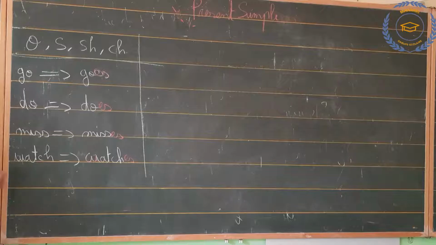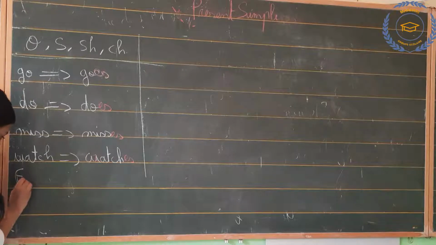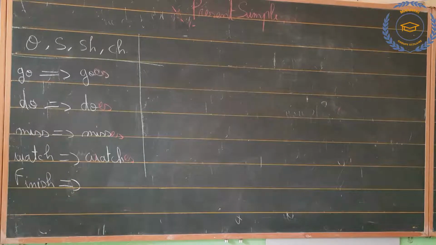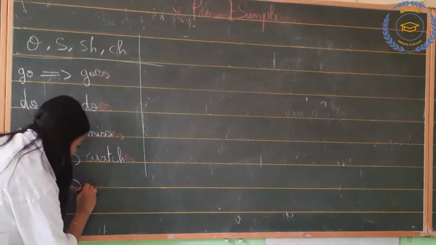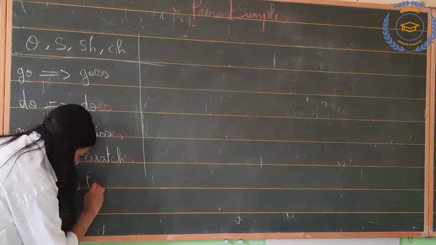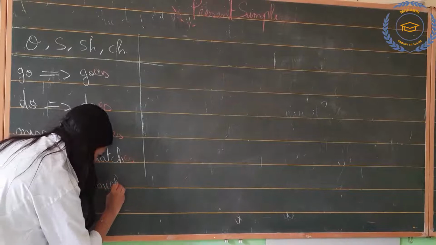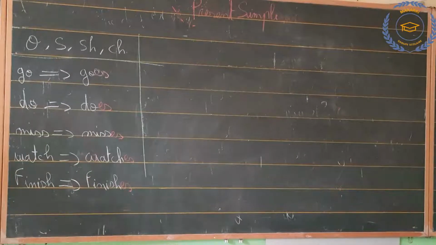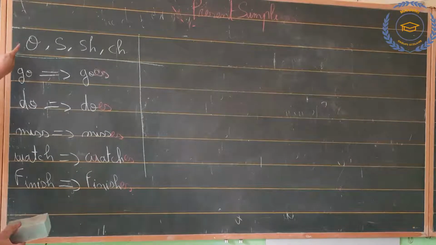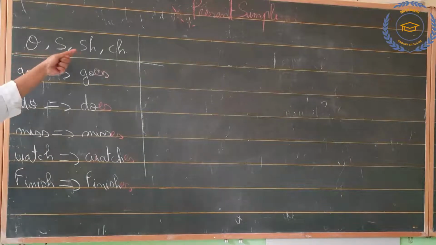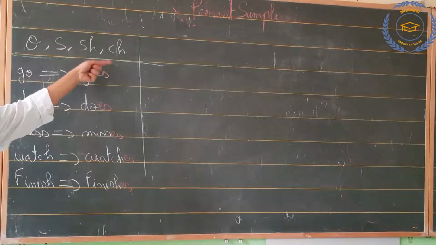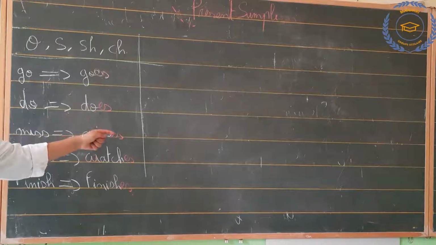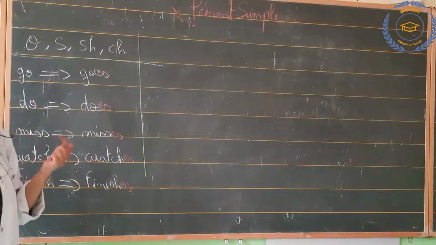Finish: I finish, you finish, he, she finishes. So, verbs that end with o, s, sh, or ch, we add to them es if the subject is he, she, or it.